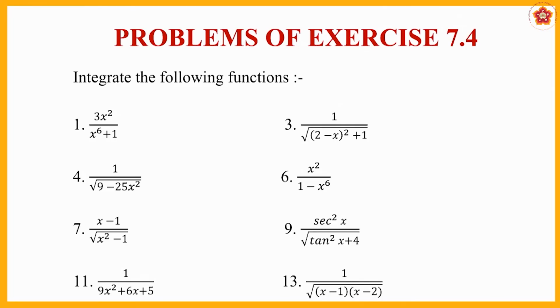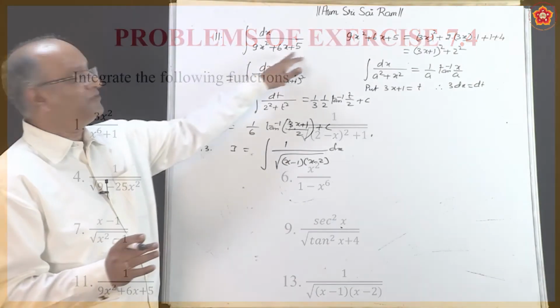The next one is the 13th one. 1 upon under root of (x minus 1)(x minus 2) dx. How to do it? Multiply and convert it in terms of this.